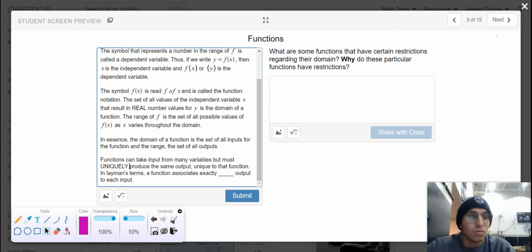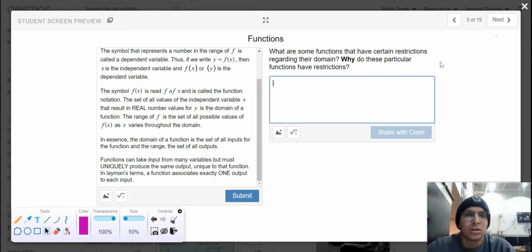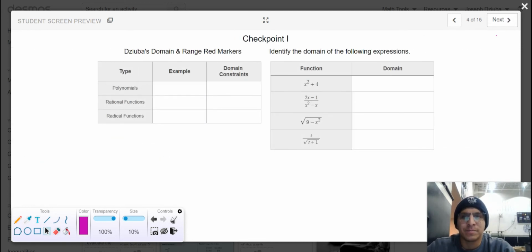In layman's terms, a function associates exactly one output to each input. What are some functions that have certain restrictions regarding their domain? Why do these particular functions have restrictions? We've talked about this before, so this is kind of jogging your memory. Share that with the class.